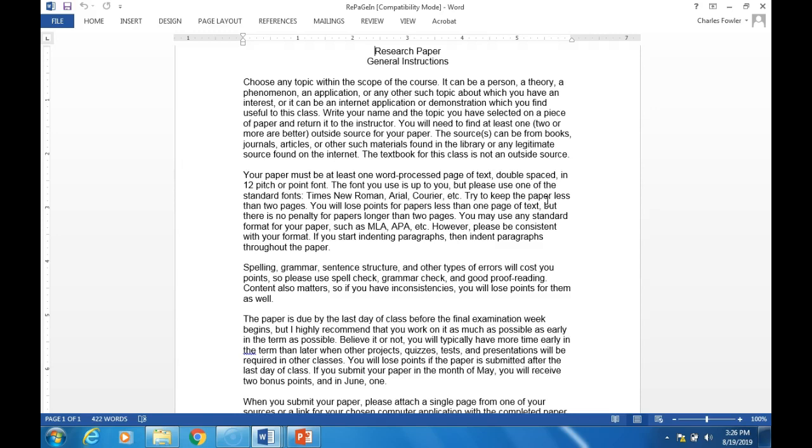If you turn it in the month of September, you get 3 bonus points. If you turn it in the month of October, you get 2 bonus points, and the month of November, you get 1, and only 1 bonus point. If you turn it in the month of December, and you only have like a week or so in December before we get into finals, you just get your score, okay?